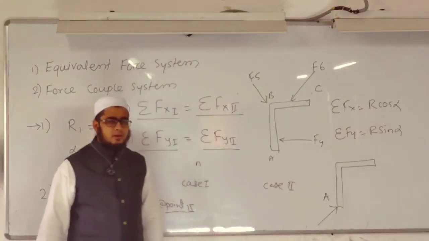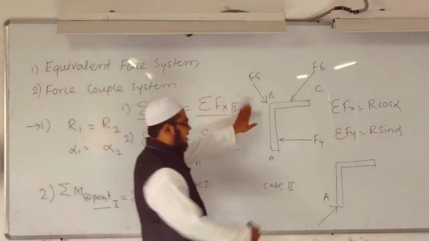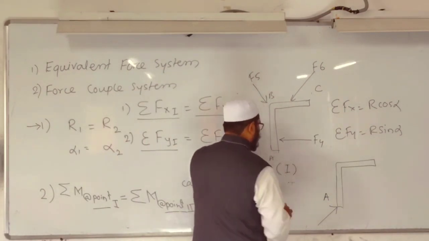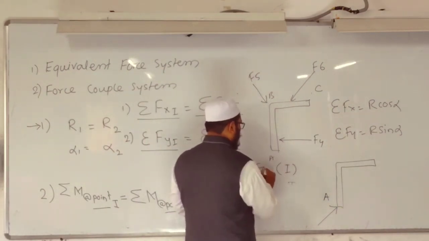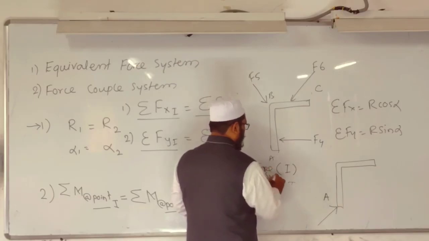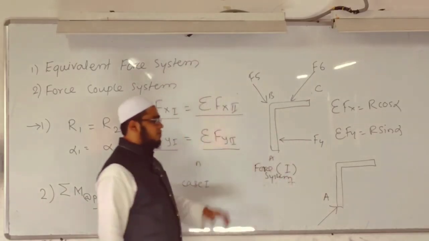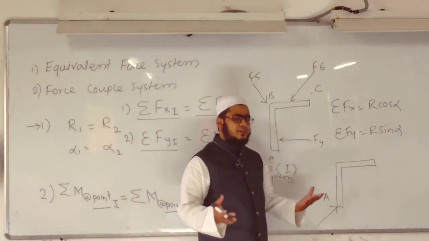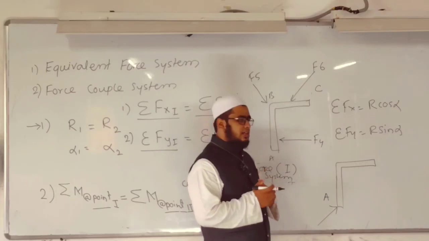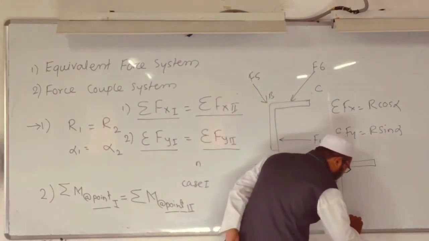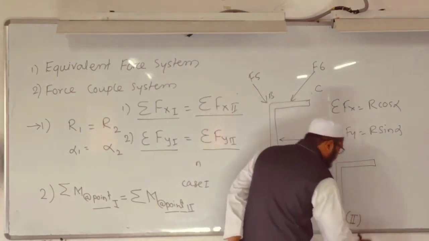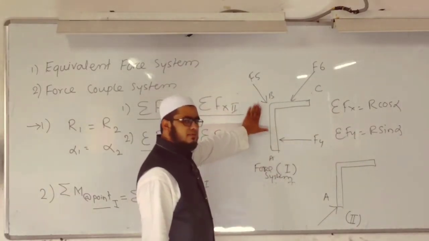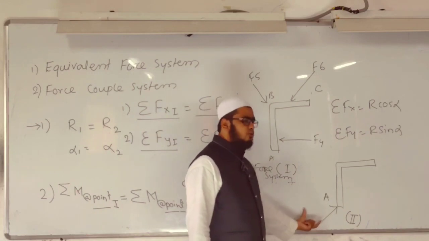Then the first step is we will mark the given force system as first. It is the first force system. We will draw the desired force system which is required to find, and we will mark it as the second force system. Now we have two force systems. First force system which is given in the problem statement. Second force system which we have to obtain.